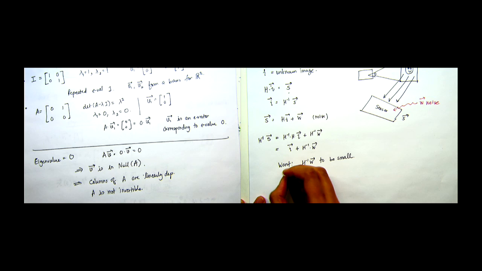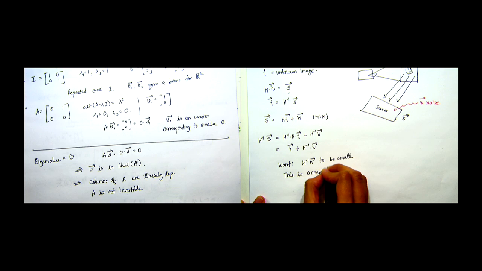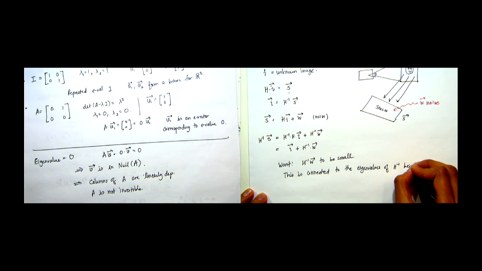What this means is that this is connected to the eigenvalues of H inverse being small. And it turns out that this means that you want the eigenvalues of H to be large.